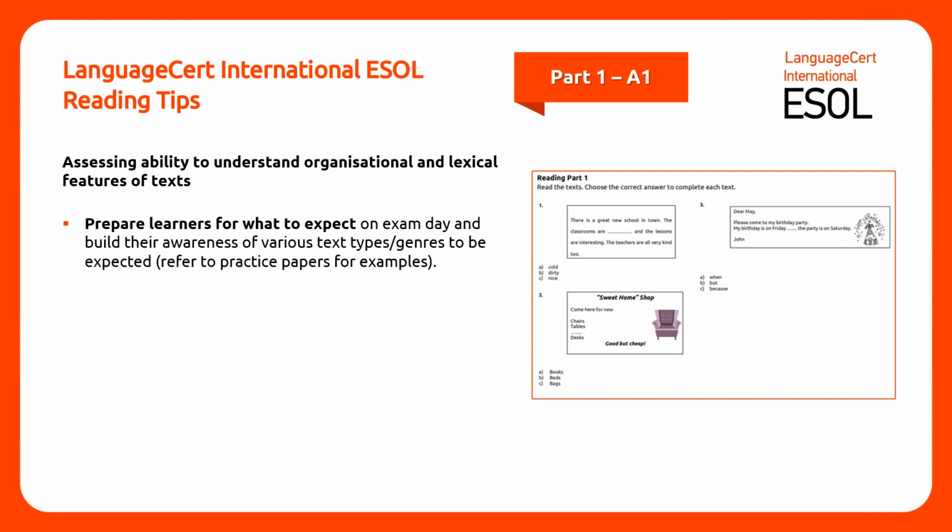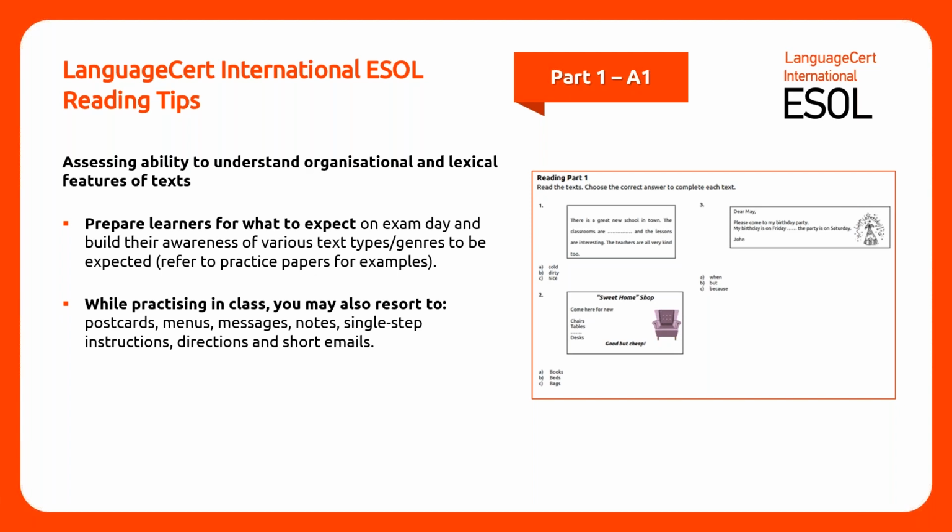Prepare learners for what to expect on exam day and build their awareness of various text types and genres to be expected. Refer to the practice papers for examples. While practicing in class, you may also resort to postcards, menus, messages, notes, single-step instructions, directions, and short emails.